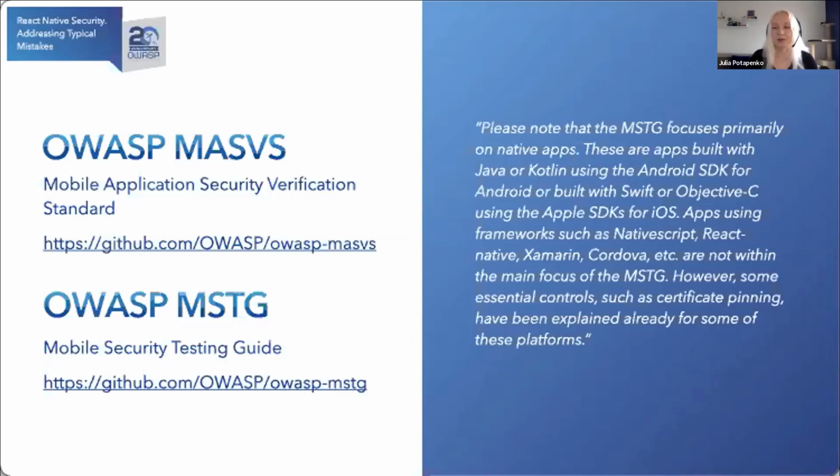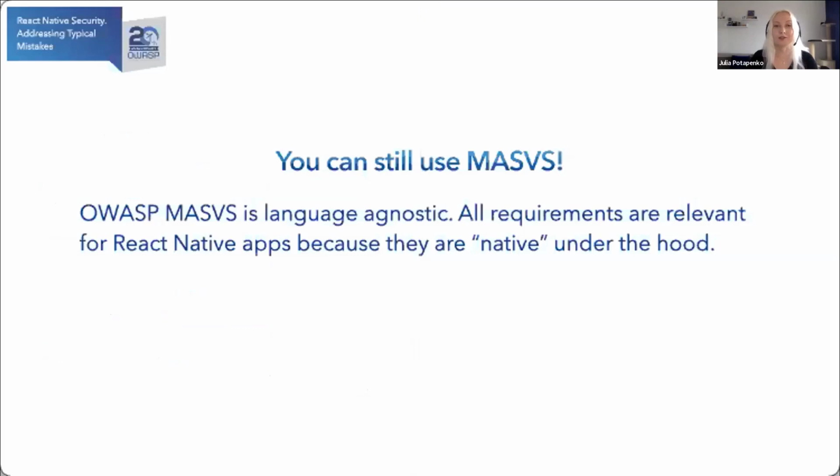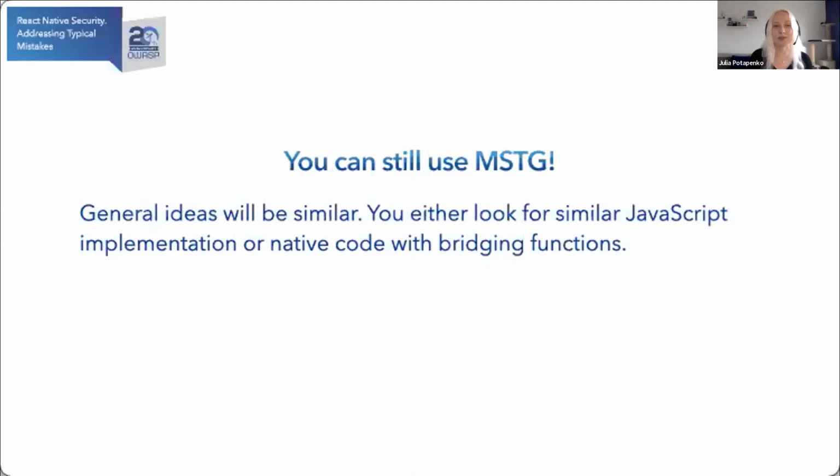But the good news is that you can still use MASVS because it is language agnostic. It is almost platform agnostic. All requirements are relevant for React Native applications because they are like native under the hood. And you can still use MSTG because the general ideas of the test cases are still similar.